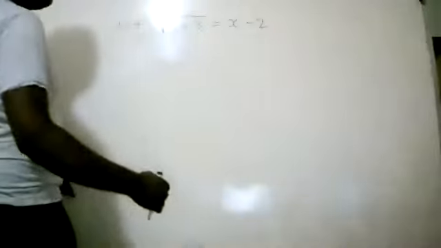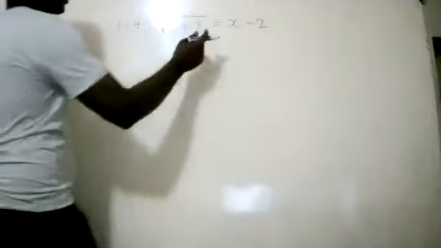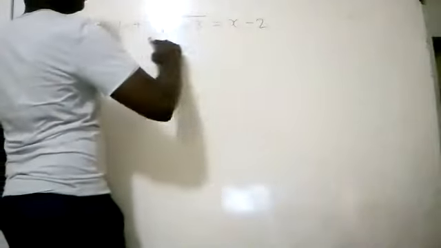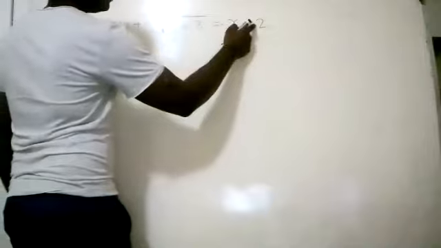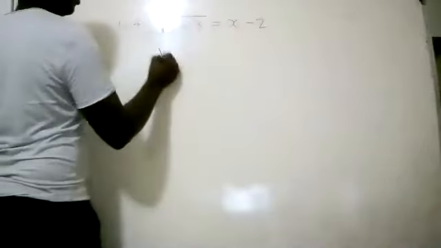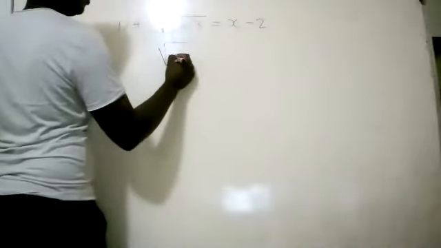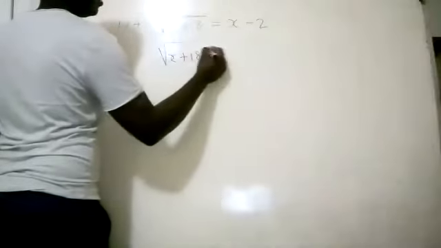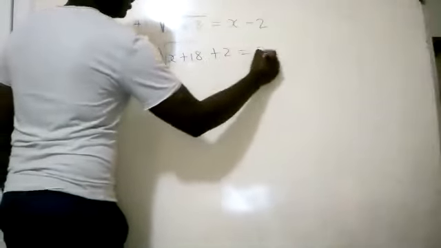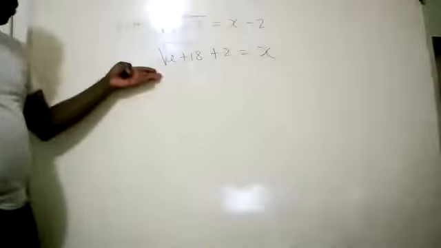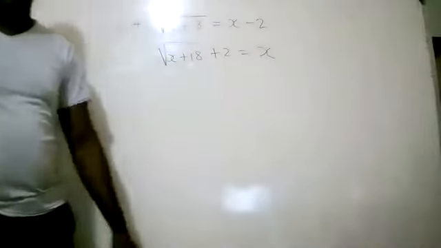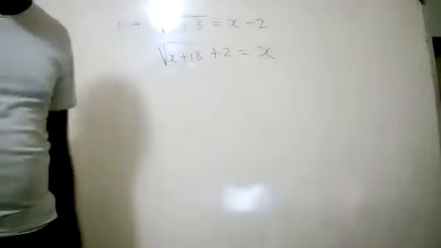There are situations where we don't have to jump to squaring both sides. For example, instead of having this equation in this form, let's take this -2 to the other side. We will have root of x plus 18 plus 2 equal to x. In this situation, we don't have to rush into squaring both sides.